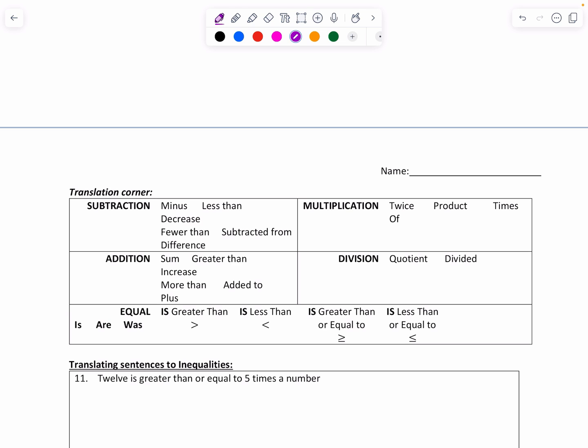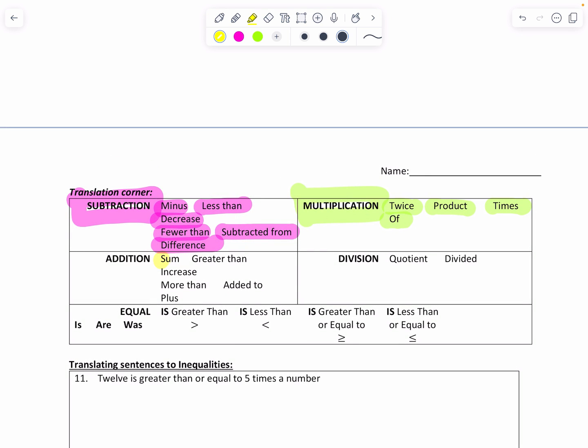Words that tell you we're doing subtraction would be minus, less than, decrease, fewer than, subtracted from, or difference. Those words mean, hey, we're going to use subtraction. Multiplication, if it says twice, that's like 2 times. Product of, that's multiplication. Times, of in math, those are all signals that we're going to do multiplication.